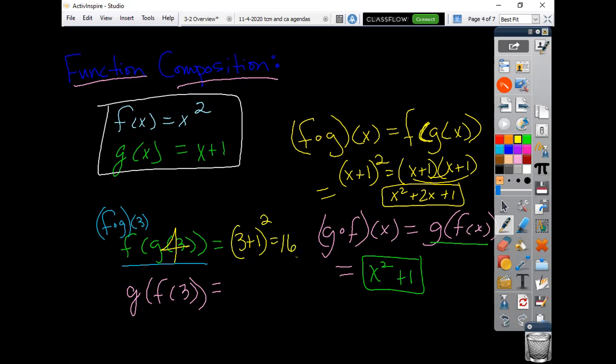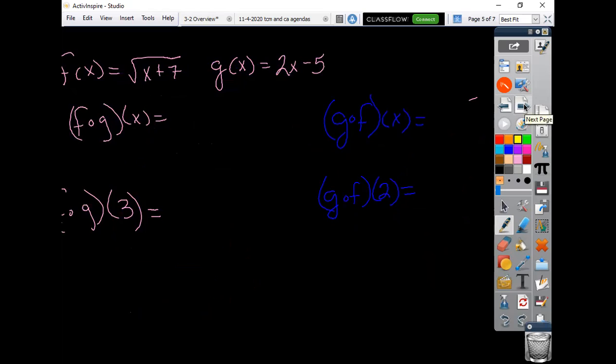The next one, I put a 3 into f, so that's 3 squared, 9, and then I'm going to put the 9 into g, so 9 plus 1 for a final answer of 10. Notice that when I have numbers here, I get number answers. And if I have an x in here, my answers look like these formulas.